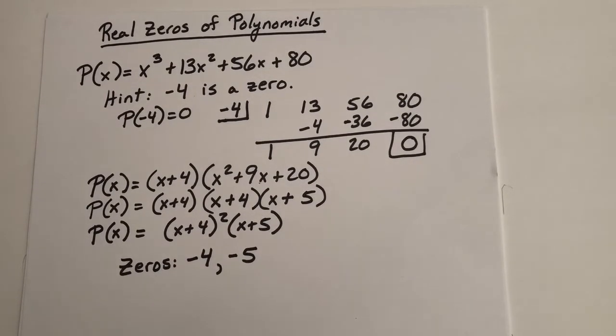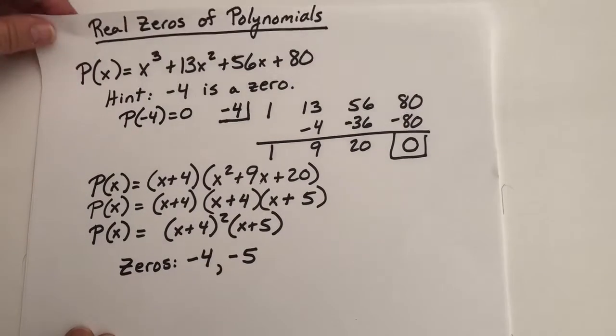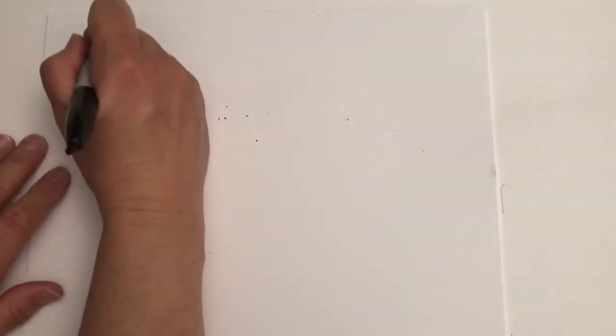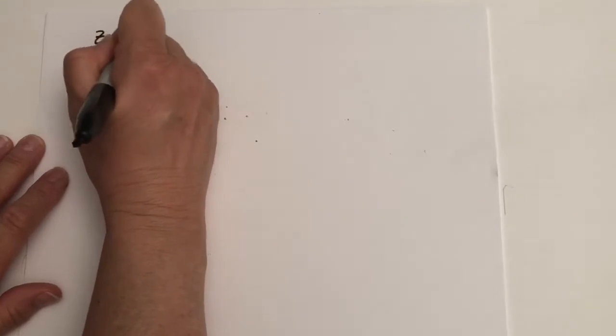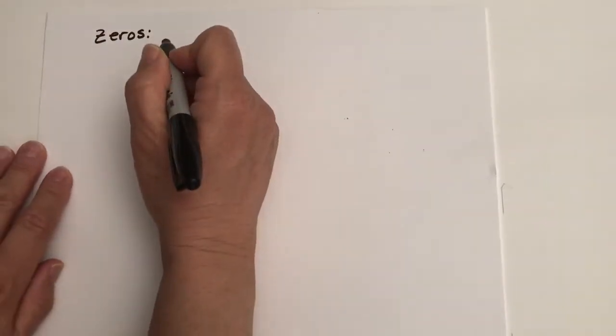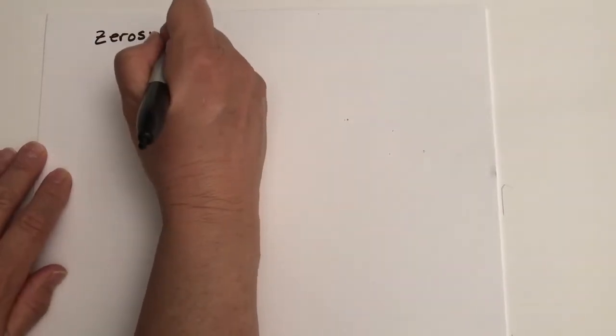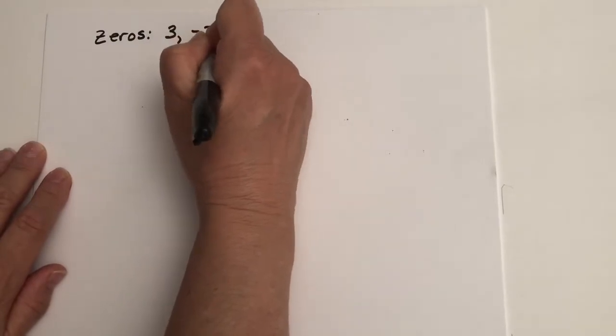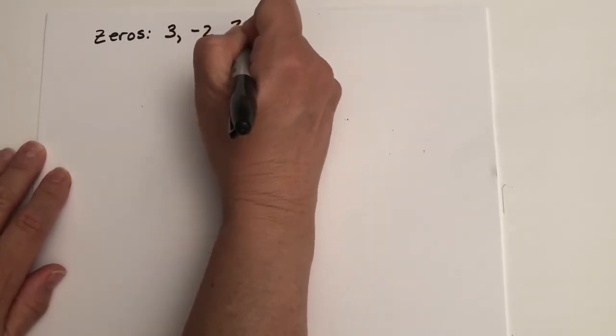And before we get to the answer to that question, let me show you something else. Let's reverse a process. Let's suppose we know the zeros. So the zeros of a particular polynomial are 3, -2, and 2/5.